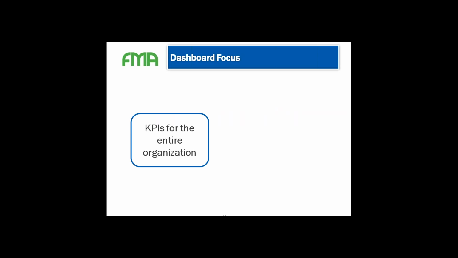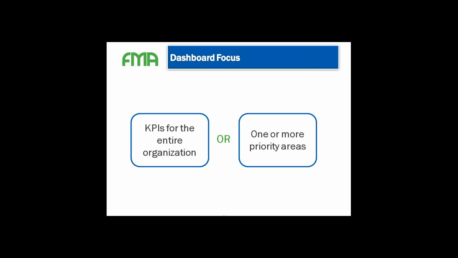And so as I go through a few of these, you'll start to see a few themes. And one is that there can be two different kinds of dashboards. There's a KPI set for the entire organization. So these dashboards would probably go to the management team, the board. They are organizational dashboards. Or we could have dashboards for particular departments, the development department, a particular program, a particular group of programs.